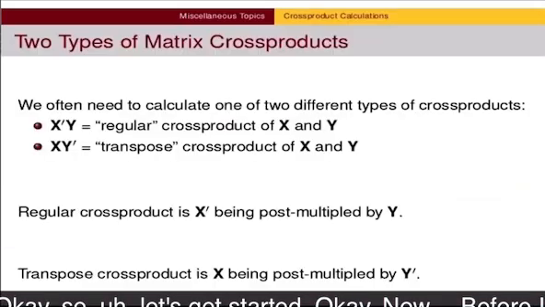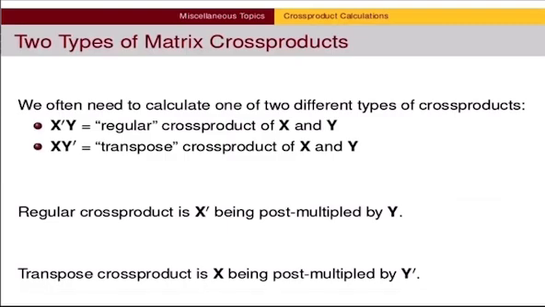Okay, now before I go into matrix cross products, I think I need to first tell you our intention here. I understand my maths and my statistics perfectly because I relate every symbol, every notation to real life.